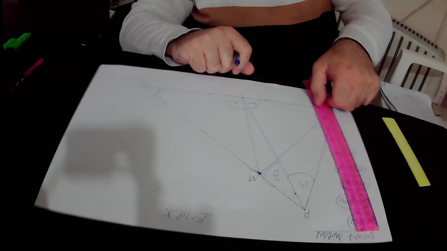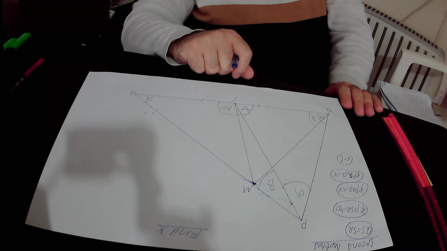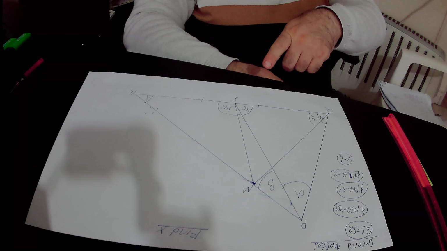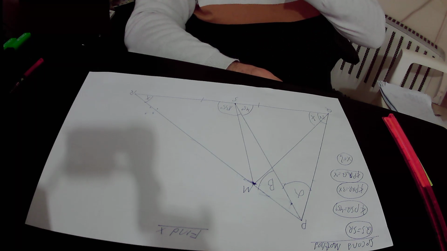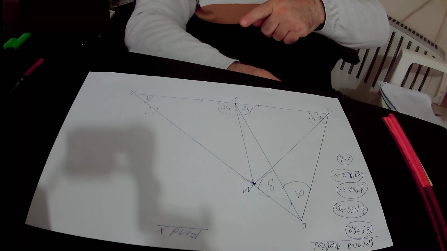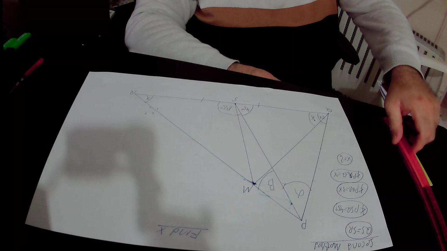And MS is the median to the isosceles triangle MQR, and the median to the base QR in any isosceles triangle is perpendicular to the base.